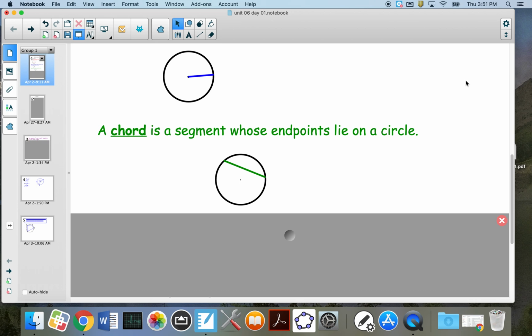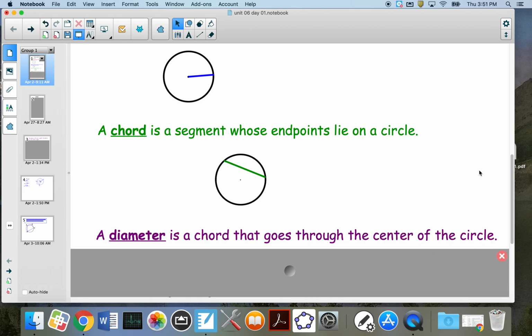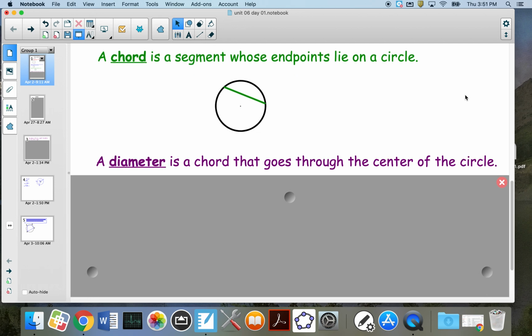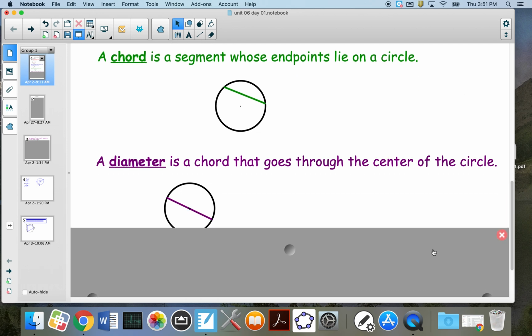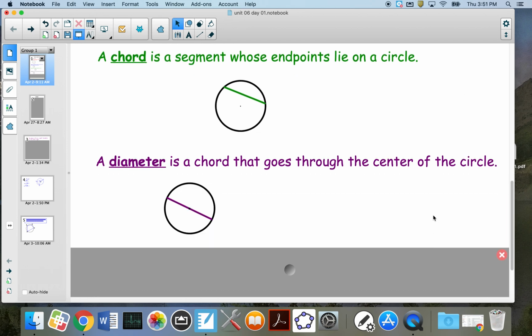Now, there's one special type of chord that we have a special name for, and that's called a diameter. A diameter is simply a chord that goes through the center of the circle. So not all chords will go through the center, but the ones that do are called diameters. So a circle has an infinite number of chords and an infinite number of diameters.